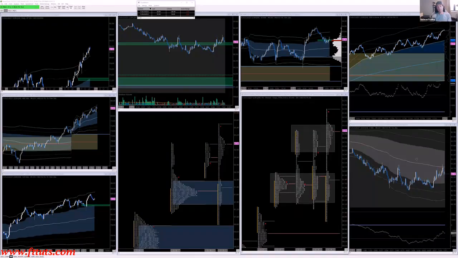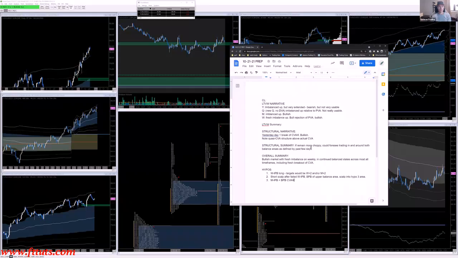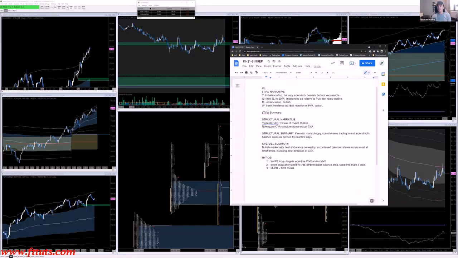We're going to scalp that into the monthly imbalance pullback lower, the breakout pullback, CVA level there. Sorry, I've been typing on a different screen.